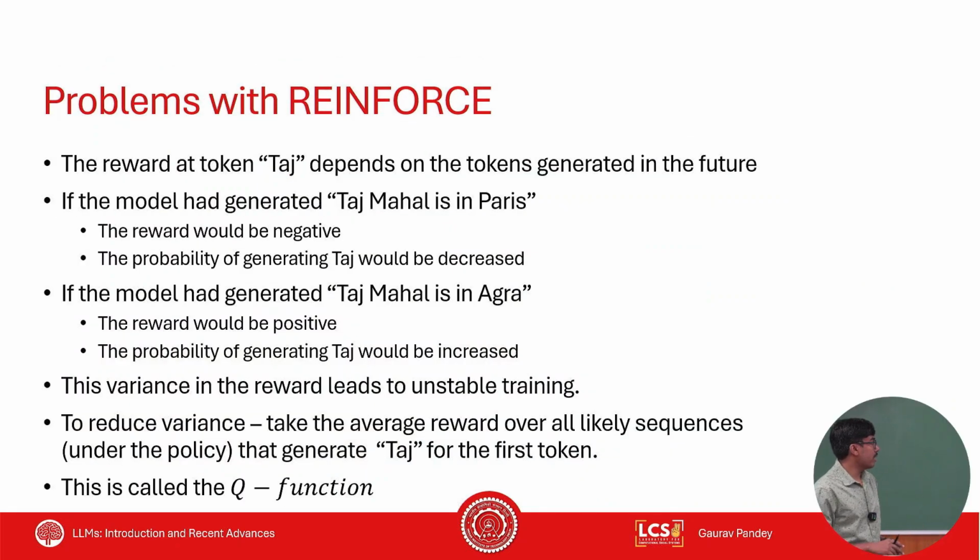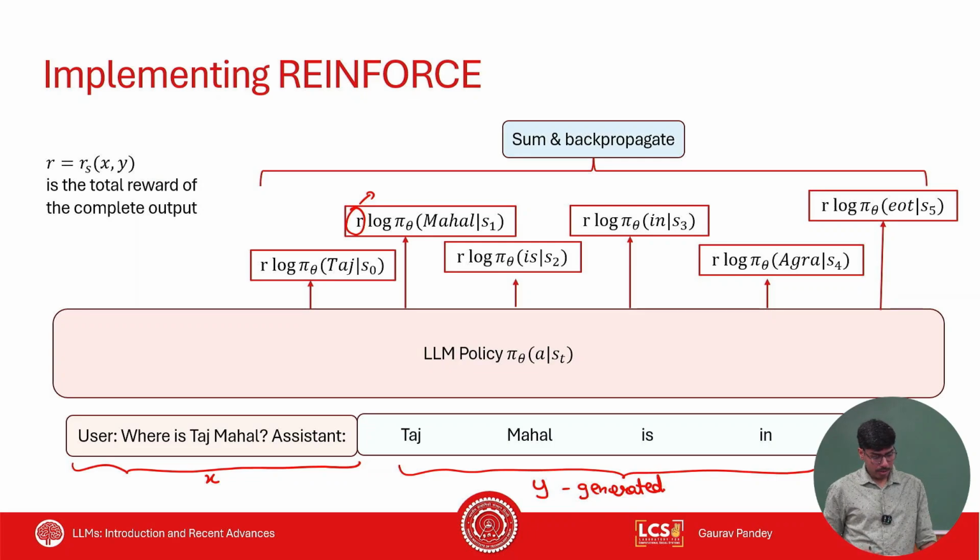So now what is the problem with this? Let's go back to the old figure and think about what the problem is. I generated the token Taj here, and the reward that it gets is R. Now the entire sentence, Taj Mahal is in Agra, end of text, is correct, so the reward will probably be positive.